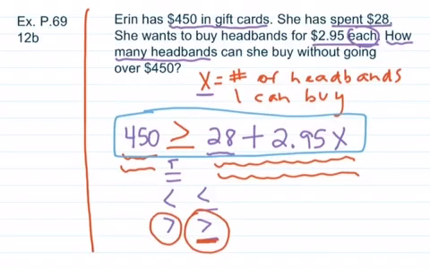We're not solving today. We're going to move to that tomorrow. Right now we're just processing the idea and the concept and reading the word problem and writing an inequality from it.